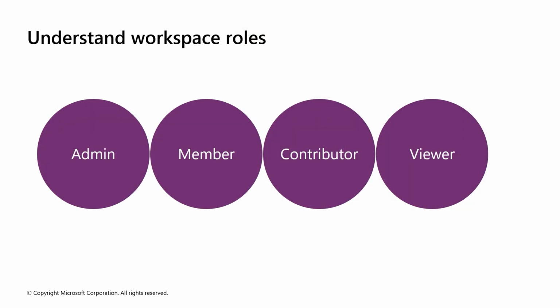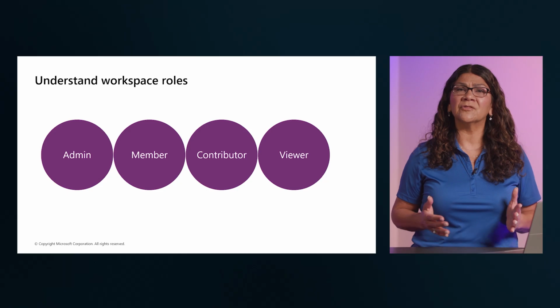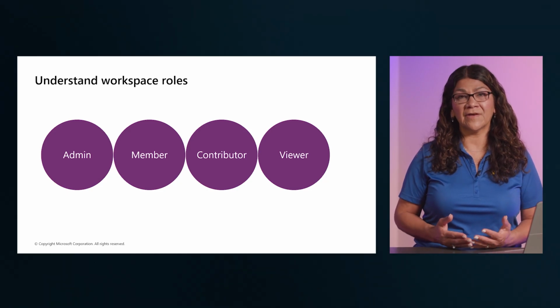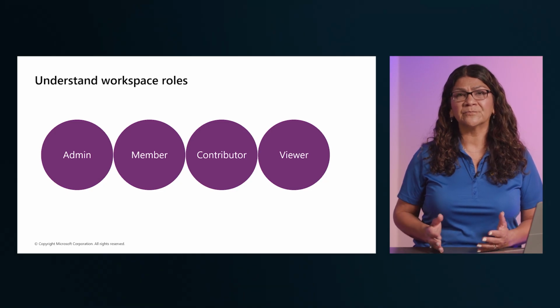Now let's take a closer look at our workspace roles. Remember that workspaces are environments where users can collaborate to create groups of items. Items are the resources that you can work with in Fabric, such as lakehouses, warehouses, reports, and more.